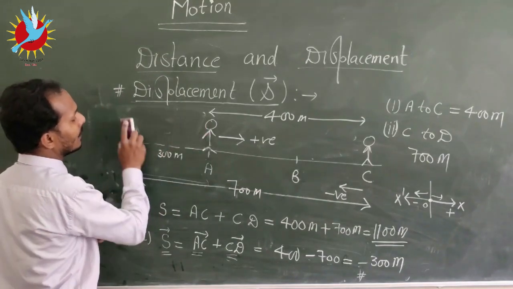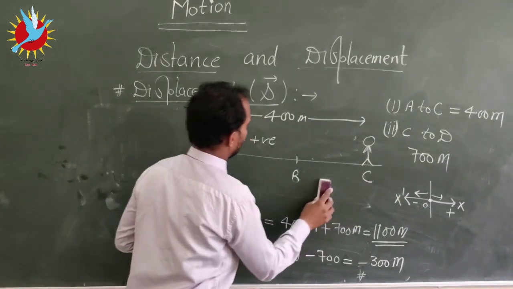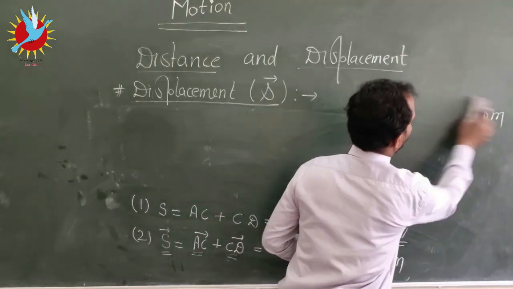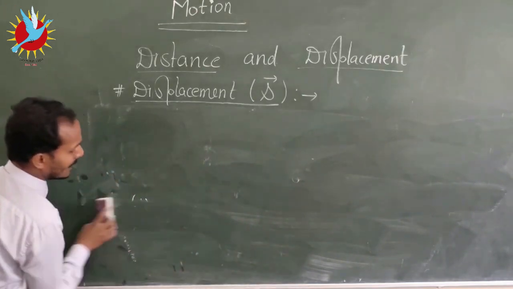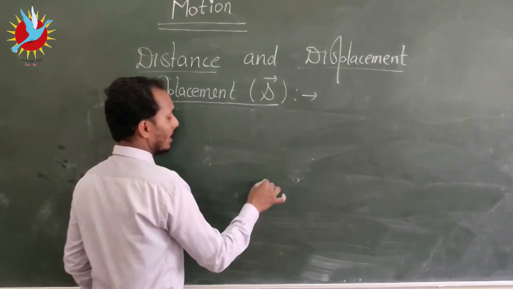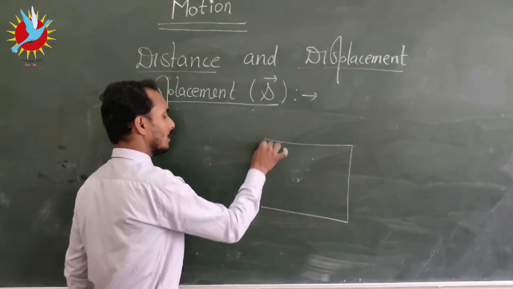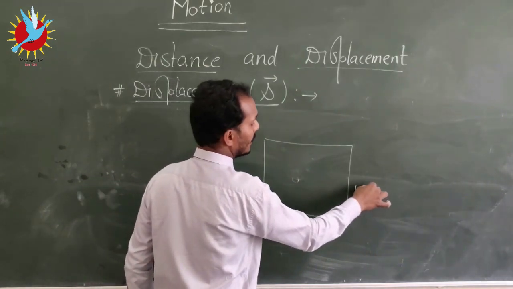Suppose we take another example to make distance and displacement clearer. Consider a person on a square path, where this is a 10 meter side, this is also a 10 meter side.